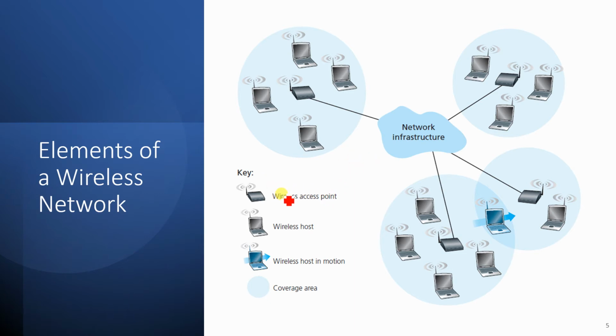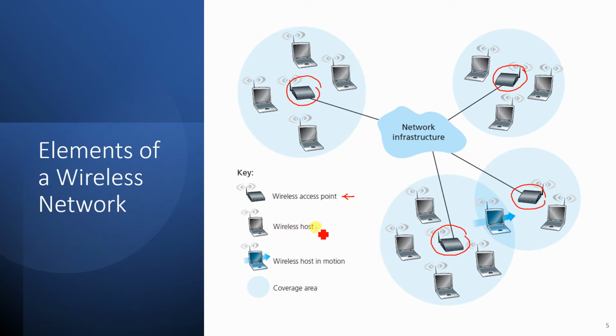One is called the wireless access point, which is shown here. In this network there is a wireless access point, and in this network there is a wireless access point, similarly here also. This access point provides the facility for communicating, that is, connecting the wireless host to the network.